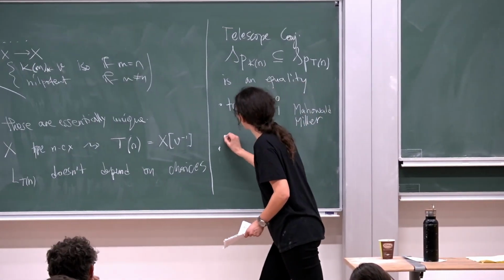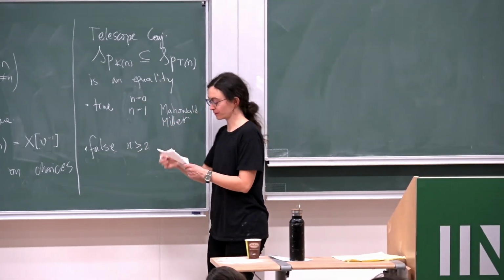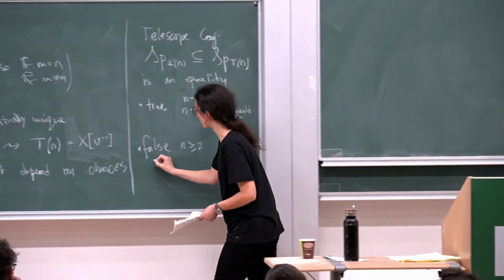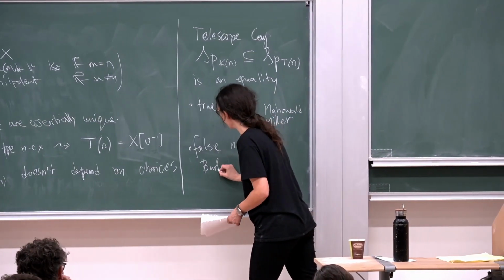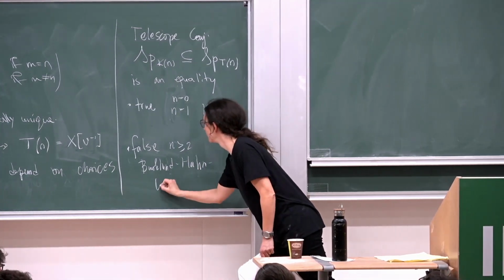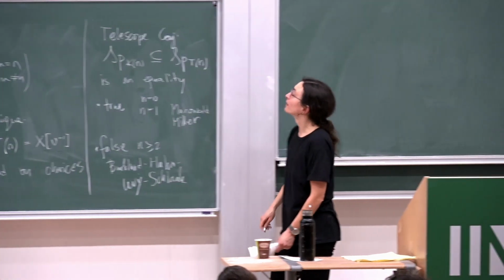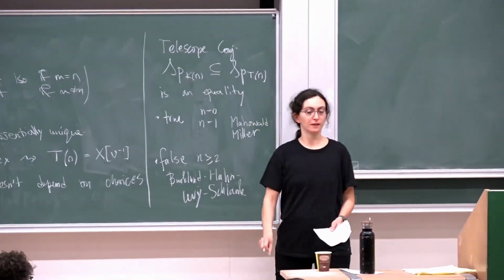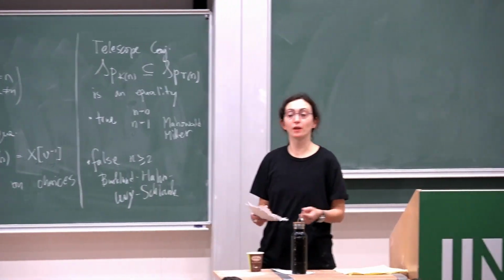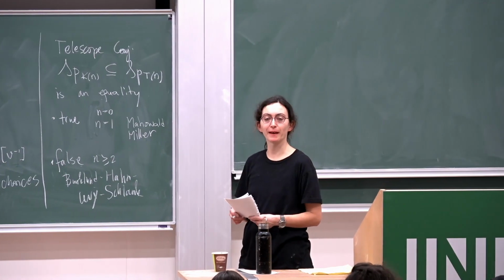And it's false for n greater than or equal to 2, due to this amazing, incredible work by Burklund, Hahn, Levy, and Schlank. That's been the brand new developments in chromatic homotopy theory that are the exciting thing of the past couple of years.